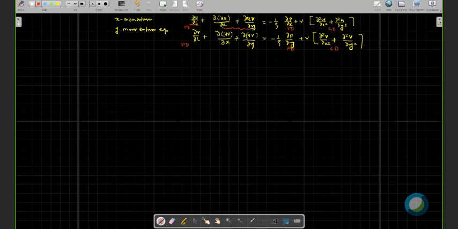And these two terms are very important terms, because these are the terms which actually add non-linearity. These non-linear terms create a lot of stability problems, instability problems.